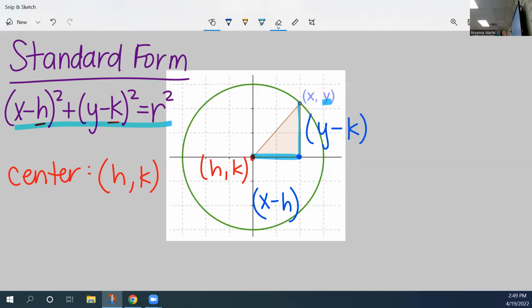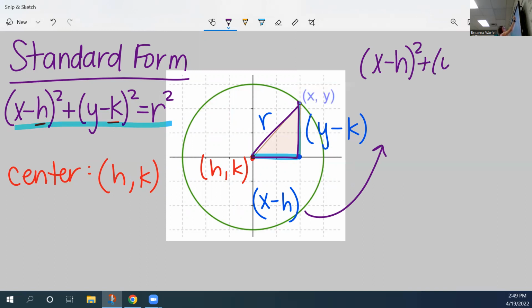If I take all of this away, we now have the two sides of our right triangle, and we can use that to solve for r. We know the Pythagorean theorem: the leg squared plus the leg squared is equal to the hypotenuse squared. So we have x minus h squared plus y minus k squared is equal to r squared.